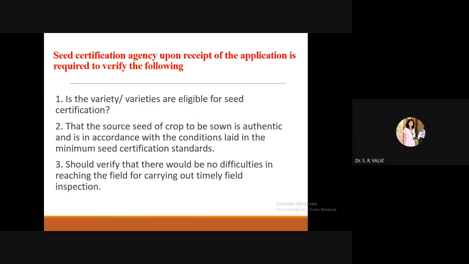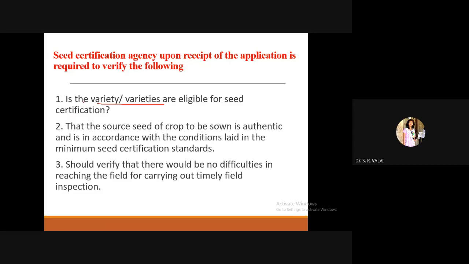Next, the seed certification agency, upon receipt of the application, is required to verify the following. What things should be verified when the application is received by the certification agency? First, that the variety or varieties are eligible for seed certification. Yes, this is a very, very important point. The producer who wants to certify their seed has grown a particular variety, and it is required to verify from the application whether that variety is eligible for certification or not.